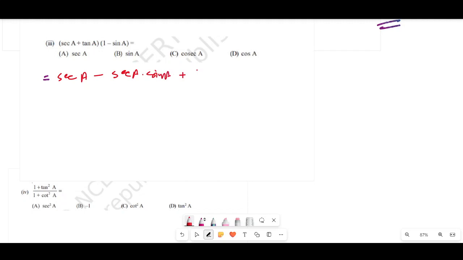Then tan A minus tan A into sin A. Okay, now simplify this. Clear? Sec A, we can write 1 by cos A. Now 1 by cos A into sin A.